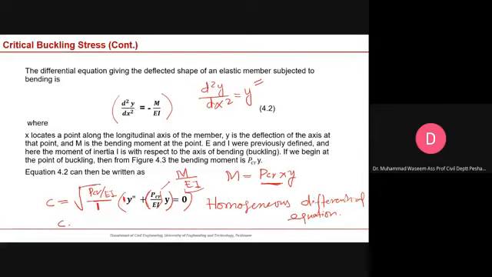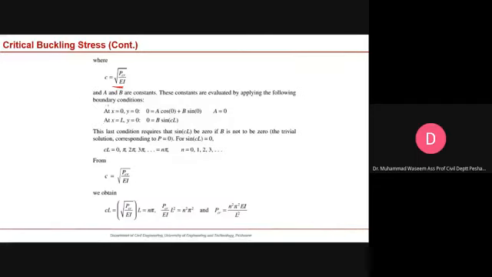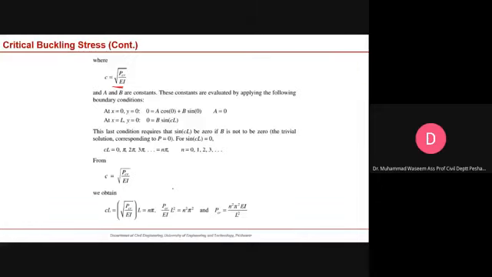This comes from the knowledge of differential equations. So you have this solution now. You have the C value, but you do not know the A and B values. So we have to use boundary conditions to find the values of A and B.